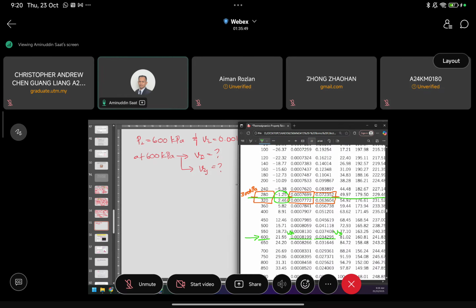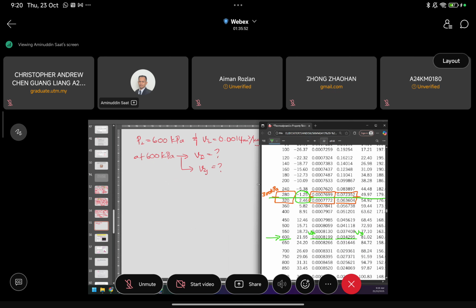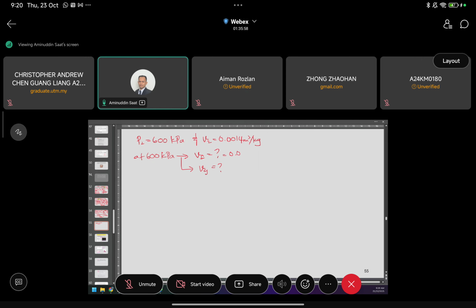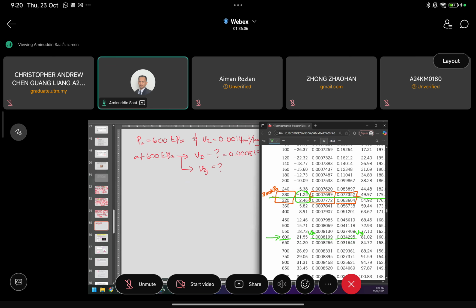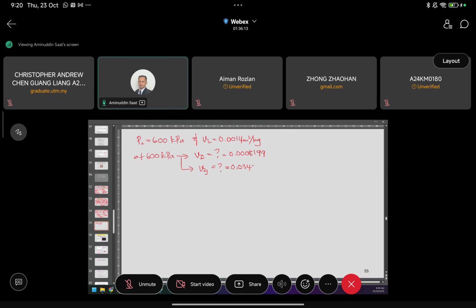VF is 0.008199 meter cube per kilogram, and VG is 0.034295 meter cube per kilogram.